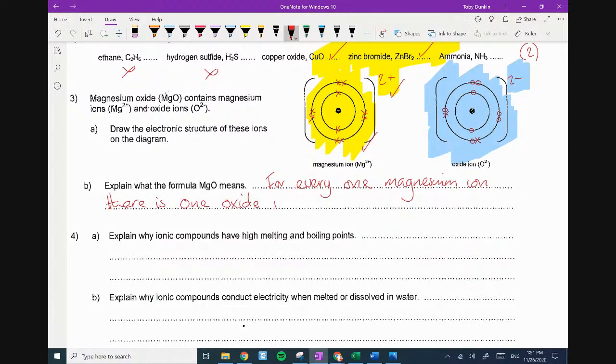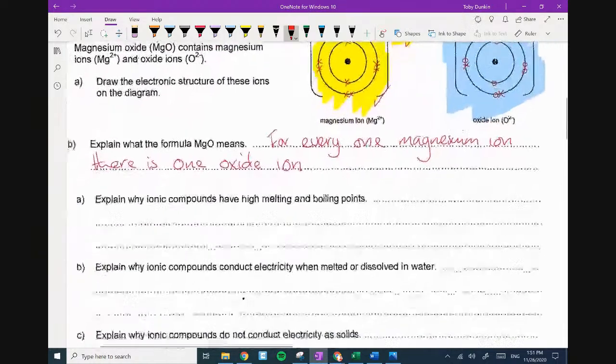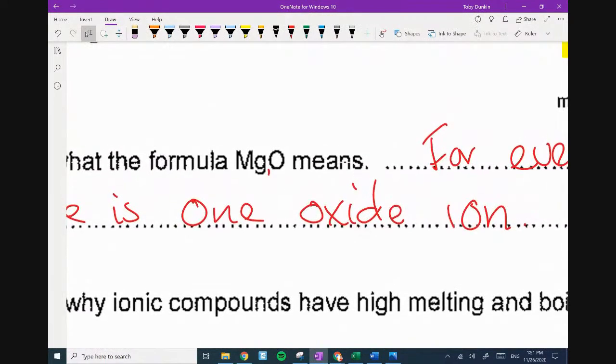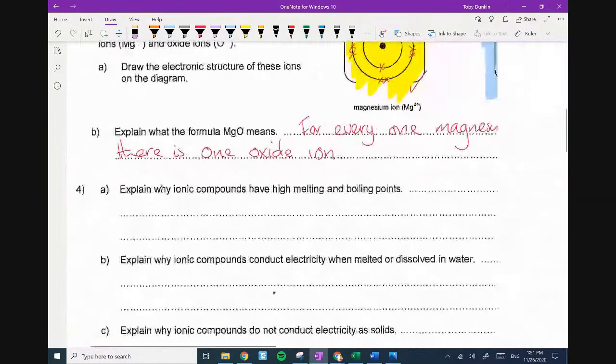That's it. That's all it tells us. It tells us that Mg, there's an invisible 1 there and a visible 1 there. They're in the ratio of 1 to 1. There is 1 oxide for every 1 magnesium 2 plus ion.